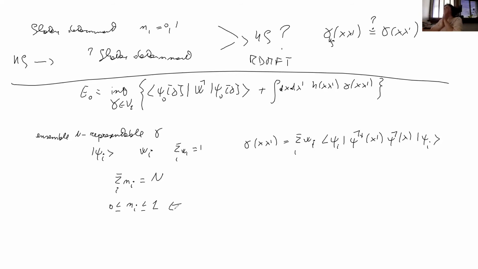Of course, there is also what we call the pure state N-representability condition. These are called generalized Pauli constraints, and they are very complicated because they are conditions that depend on the number of electrons, but also on the dimension of the Hilbert space.